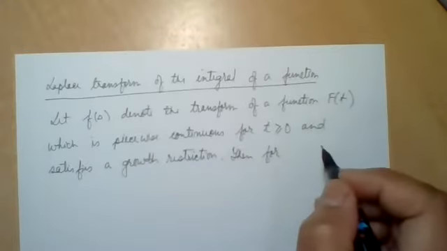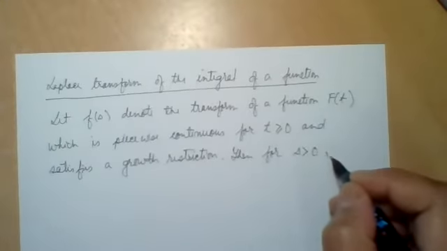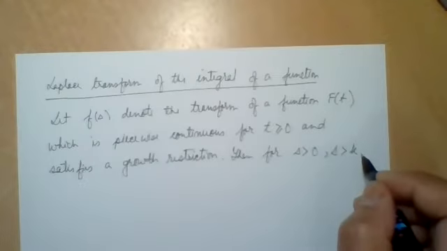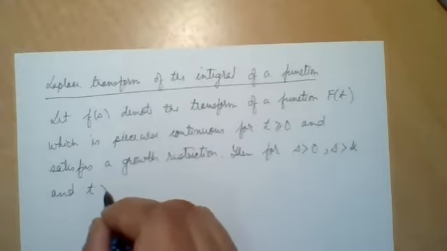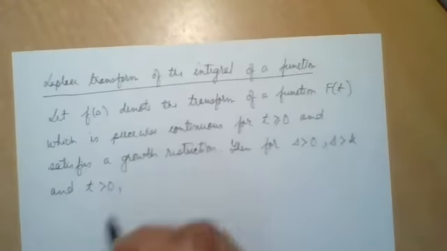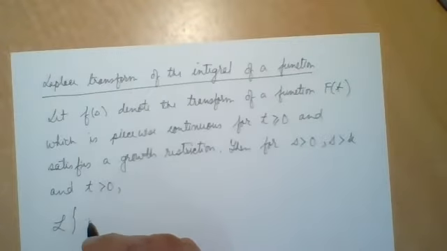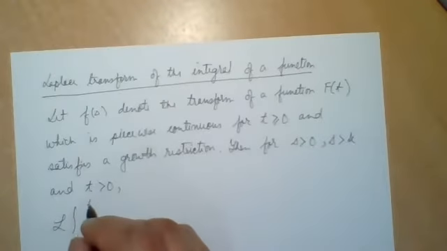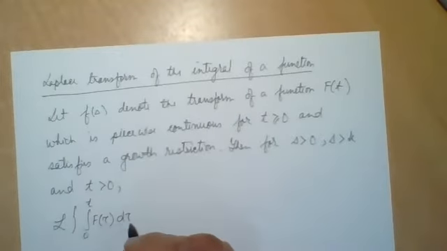Then for s greater than 0 and s greater than k, and t greater than 0, we have the Laplace transform of the integral from 0 to t of f(tau) d tau.